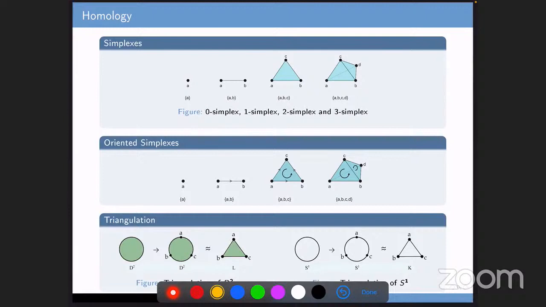So, okay, but how do we do that? How do we form these abelian groups? Let's give some information before we tell how we do that. So we have these simplexes. Maybe some of you are already familiar with these simplexes, but these have formal definitions in general for higher dimensions too. But I'm trying to keep things simple here, so I'm just going to tell what a 0 simplex is. It's just basically a point, right?